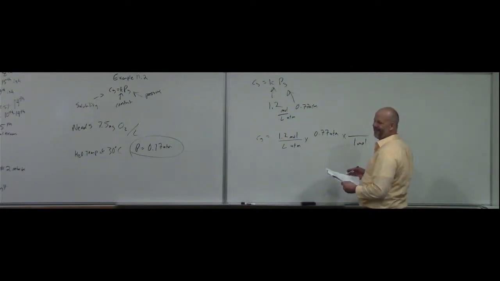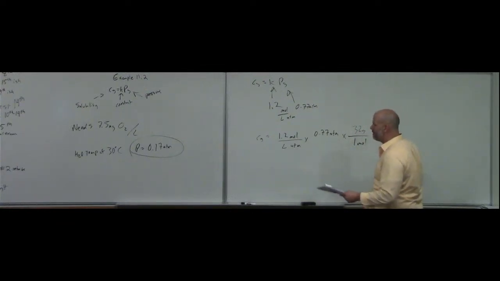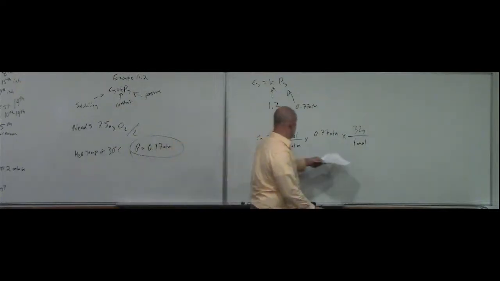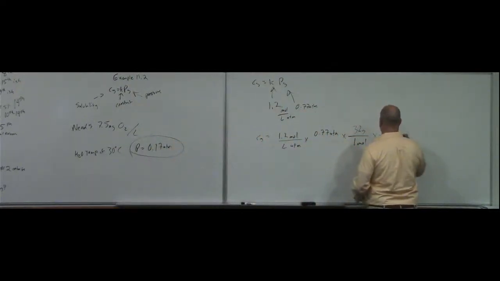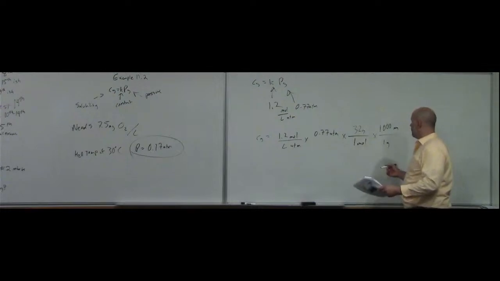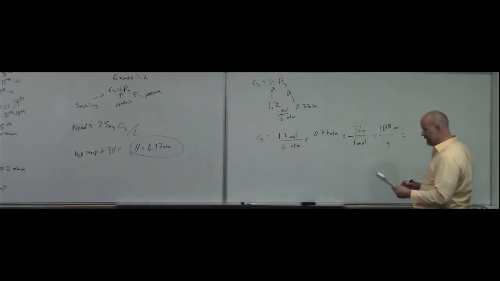Okay, so the 32. Right. So 32 grams per mole. But then this is in milligrams, and this is in grams, so I've got to put 1 gram as my denominator and 1,000 milligrams as my numerator, right? So when I solve this, what do I get?